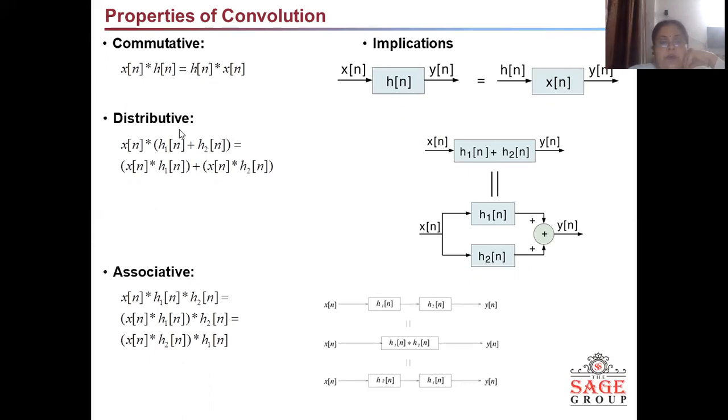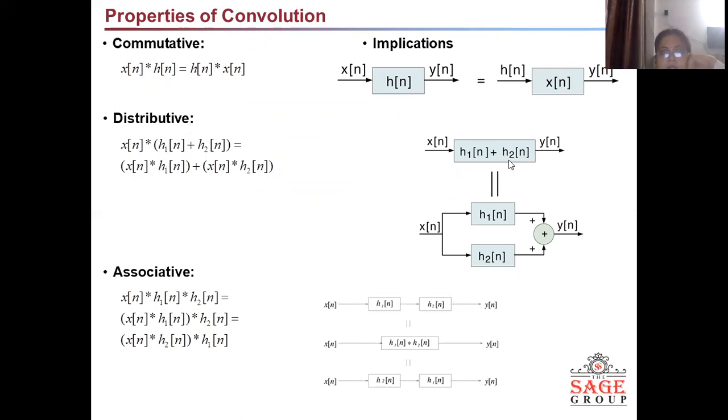Now the distributive property implies that x[n] convolved with the sum of two functions, we can rewrite as x[n] convolved with h1[n] plus x[n] convolved with h2[n].